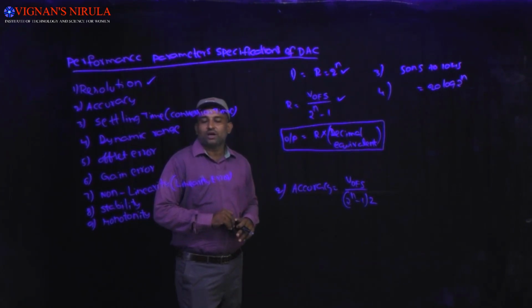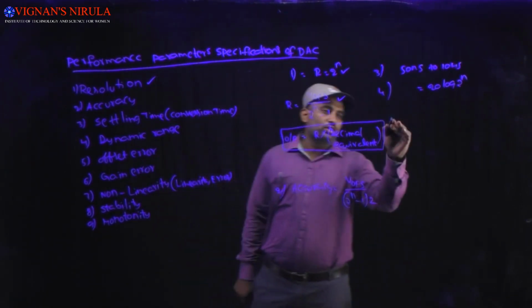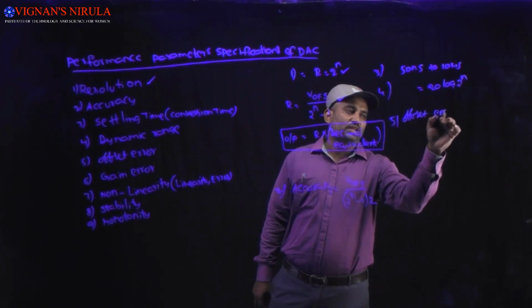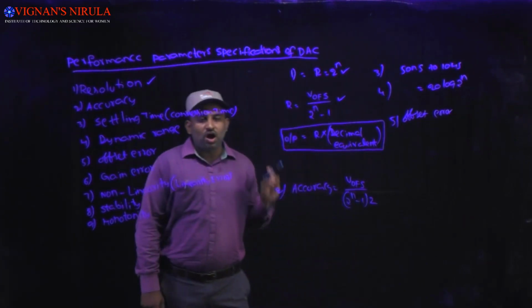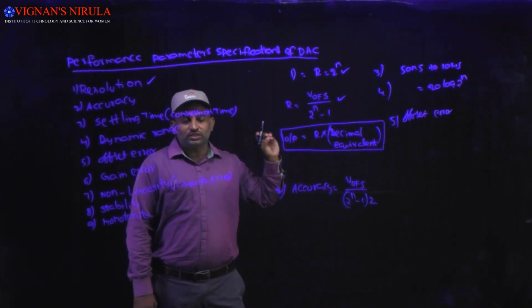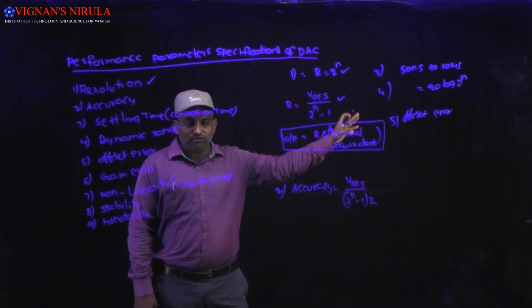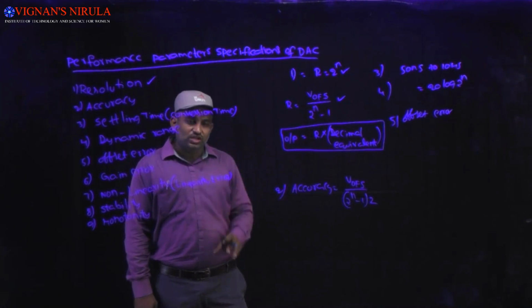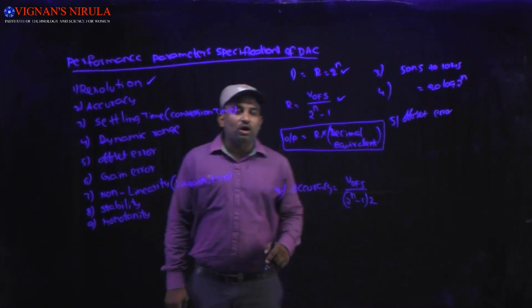And next, the fifth one, which is offset error. How can you express the offset error? The non-zero output voltage of the current to voltage converter when both the input voltages are 0 is called offset error.